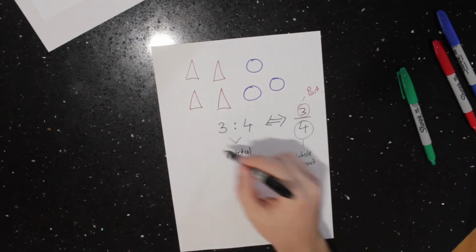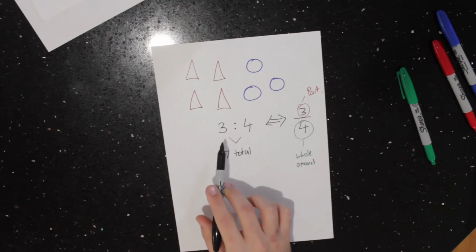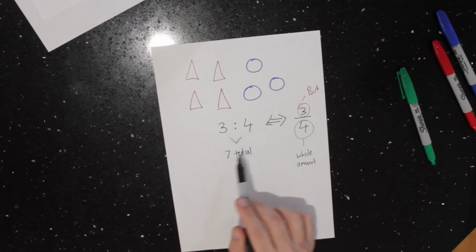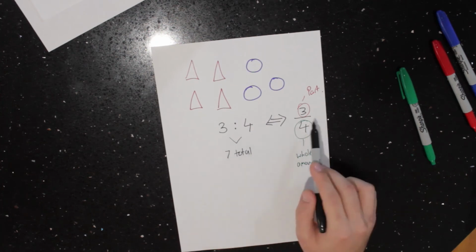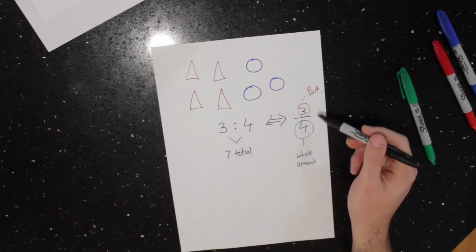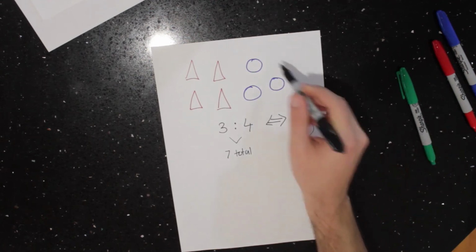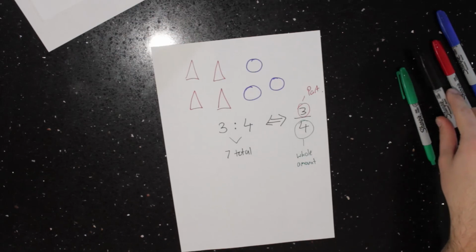A ratio signifies that we have 3 of something and 4 of something, so we have 7 total. But if you left it as a fraction, you're actually saying I have 3 parts out of 4 things, but we are actually dealing with 7 things.